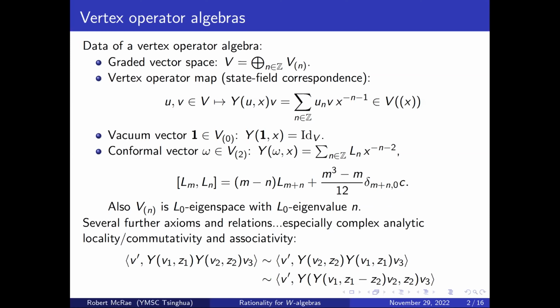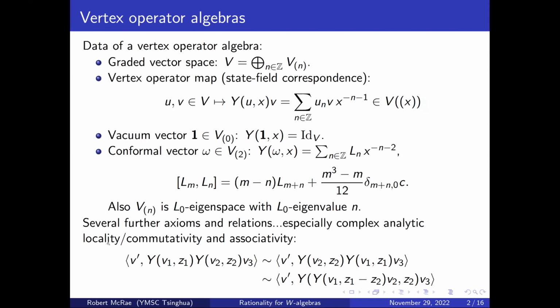And there are a number of further axioms and relations that we want this data to satisfy, in particular for the vertex operator. Maybe what I will highlight here is this complex analytic commutativity and associativity relation.